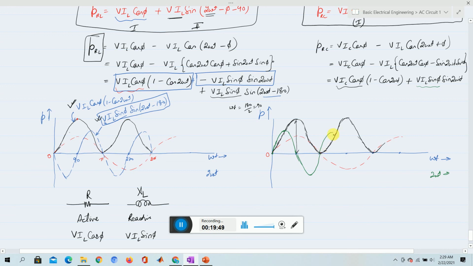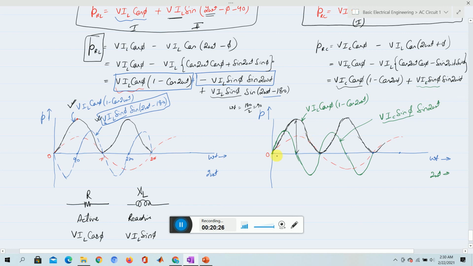So here you have a component whose maximum value is, and this instantaneous value is VIC cos of phi. This is the maximum value, with 1 minus cos 2 omega t. Another term we have here, the reactive term, is VIC sine of phi, and this is the maximum value of this sine wave, with sine of 2 omega t.